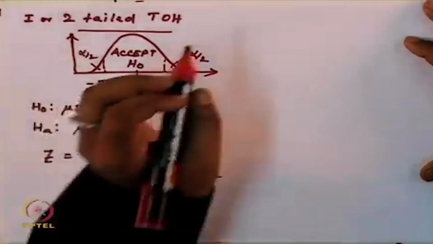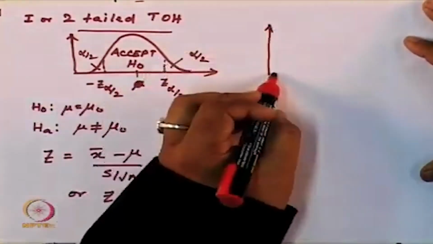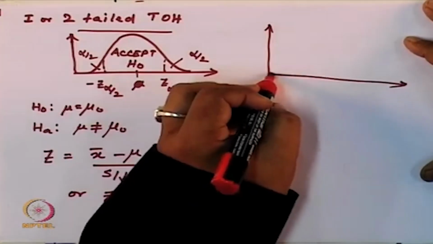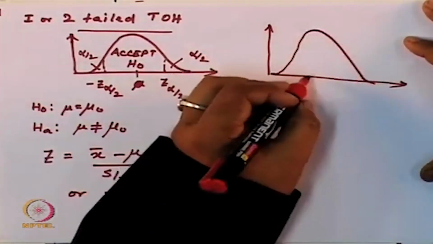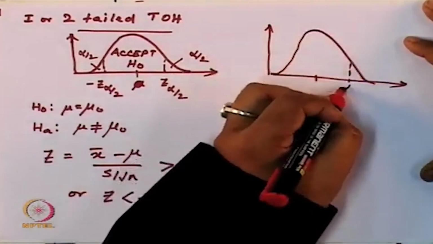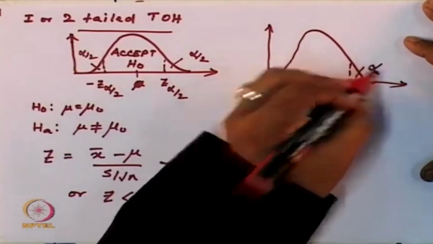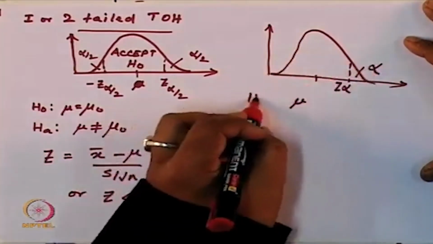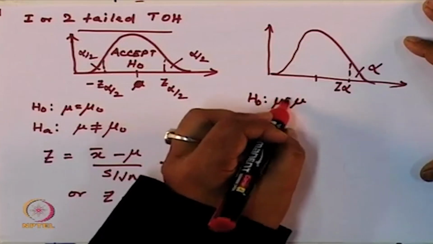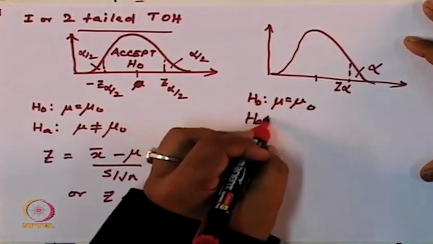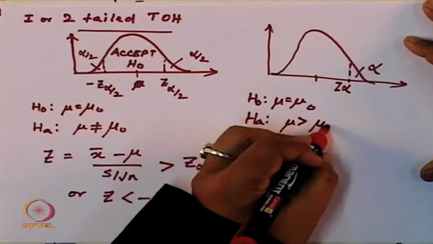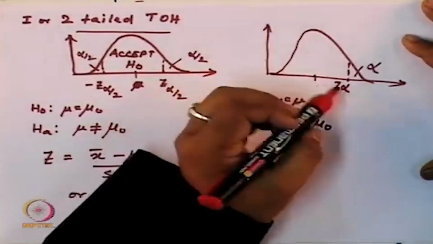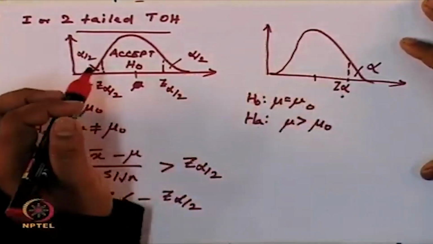And for a single tailed test of hypothesis, your H naught is mu equal to mu naught, and the alternative hypothesis is mu greater than mu naught. So, you want to know whether this value is greater than the confidence limit.